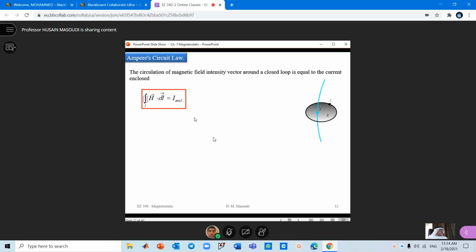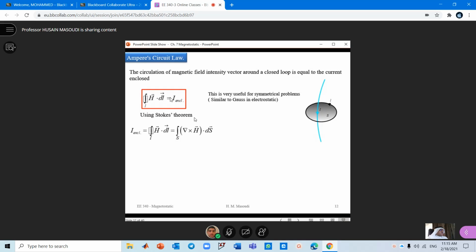But before we do this, if I have a circulation of a field, can I change it into a surface integral instead of the circulation? In this case, we use the Stokes theorem. So if I use the Stokes theorem, I can change this circulation into the curl of H integrated over this surface area.